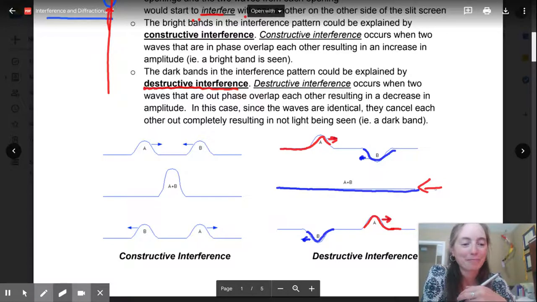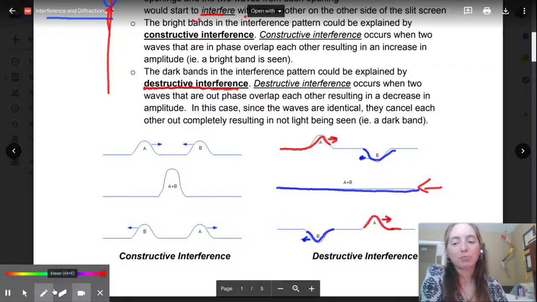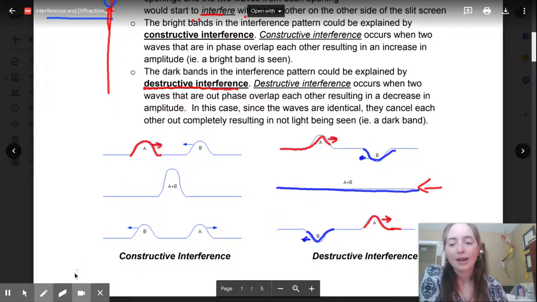Now, when we have bright spots, that's where we get constructive interference. Here we have wave A and then wave B. When they collide, they add to each other. Because they are red and blue, when they add, we wind up with wave purple.